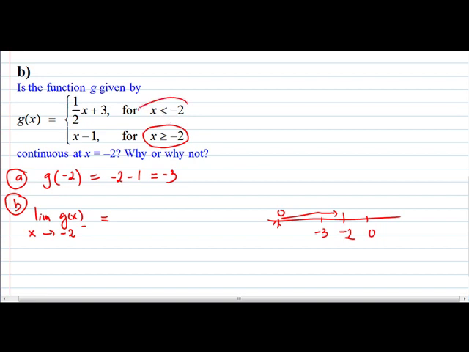So therefore, I'm using this domain. So I have 1/2 times minus 2, because when you go very, very close to minus 2 from the left, right here is like minus 2.001, so I can round it off to minus 2 instead. Plus 3. 1/2 times minus 2 is minus 1. Plus 3 is 2.